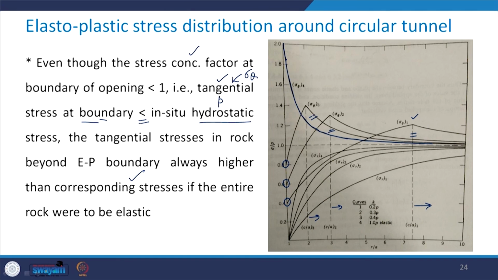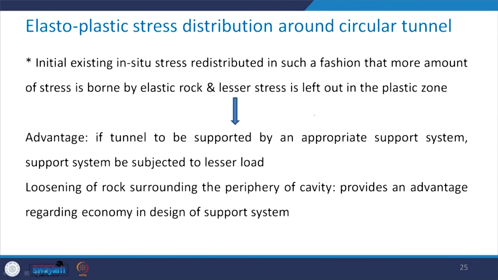So, you drop a line here, and the state of stress here is more than the state of stress corresponding to the elastic state. So, the initial existing in situ stress gets redistributed in such a fashion that more stress is borne by the elastic rock and lesser stress is left in the plastic zone.